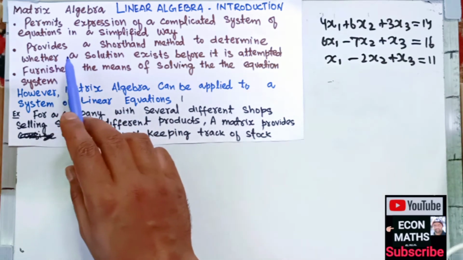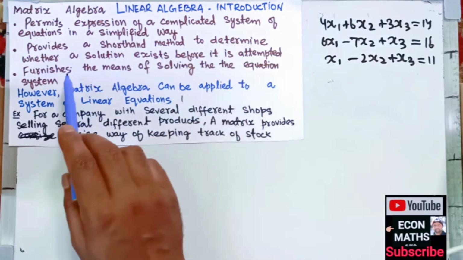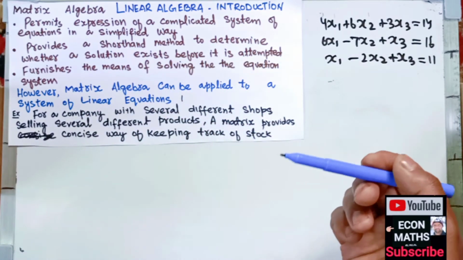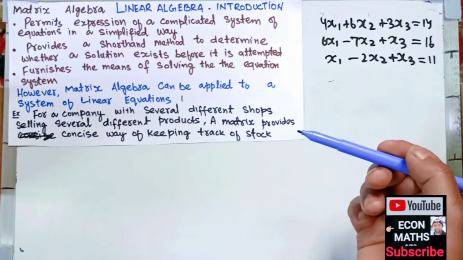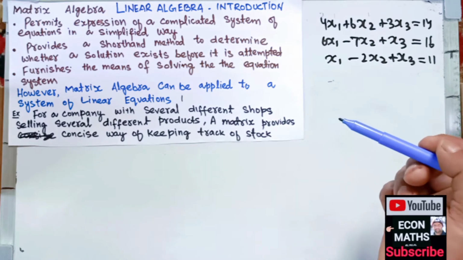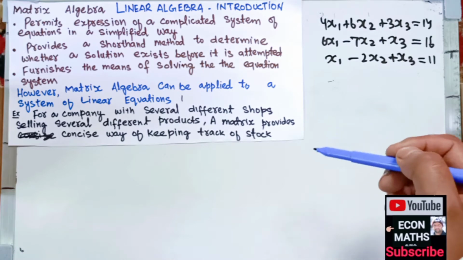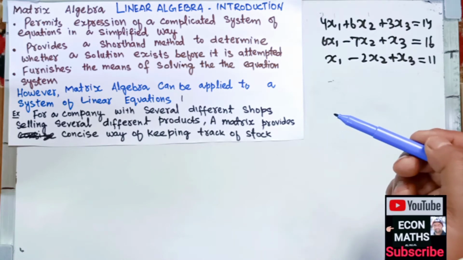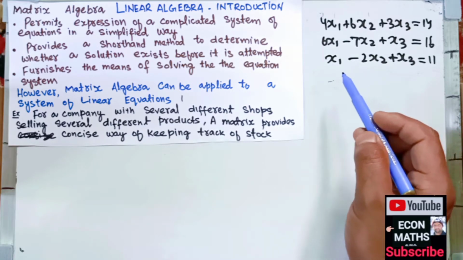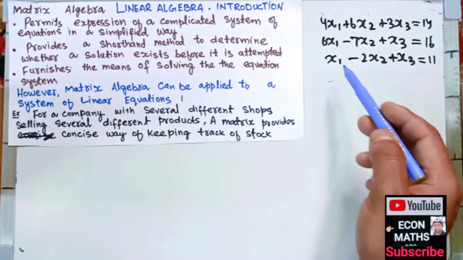Second, it provides a shorthand method to determine whether a solution exists before it is attempted. Now this linear algebra or matrix algebra provides us a shortcut method to determine whether a solution exists before it is actually attempted. That is to say, we get an idea whether a solution exists or not before we actually try to solve the system of equations.